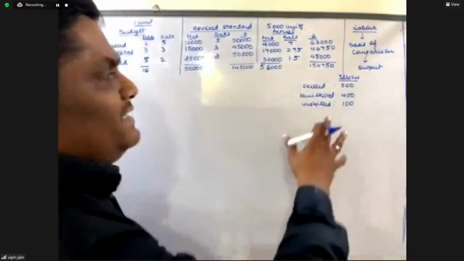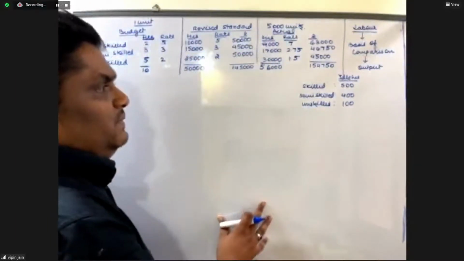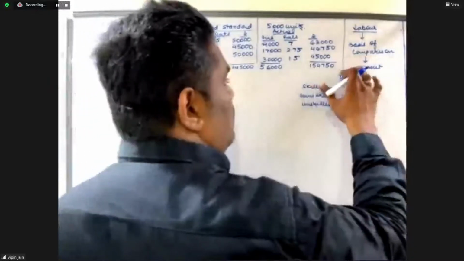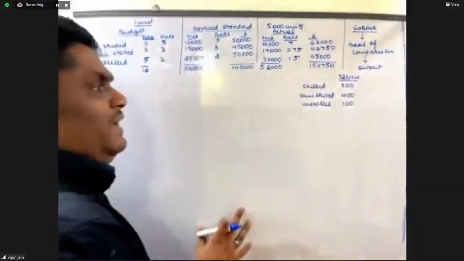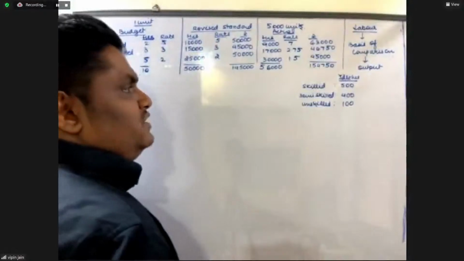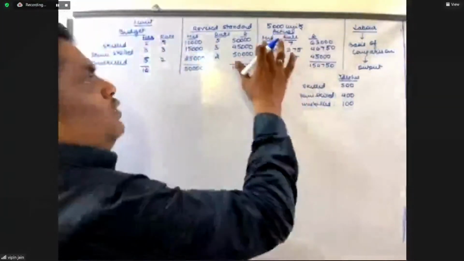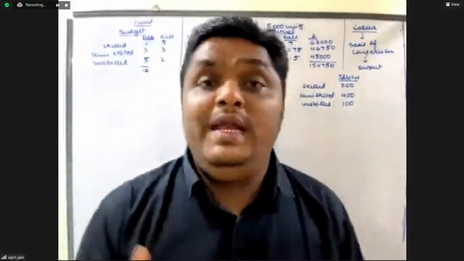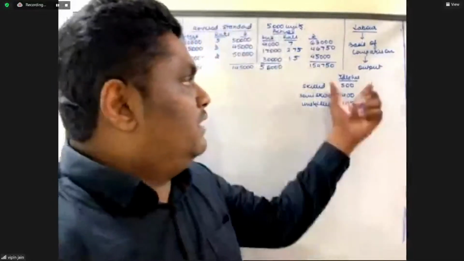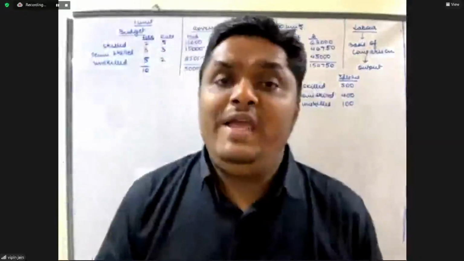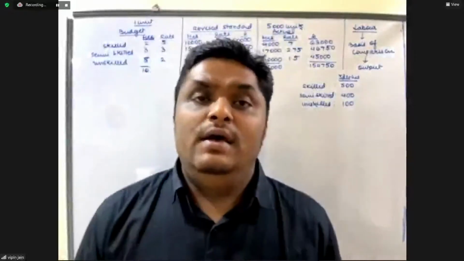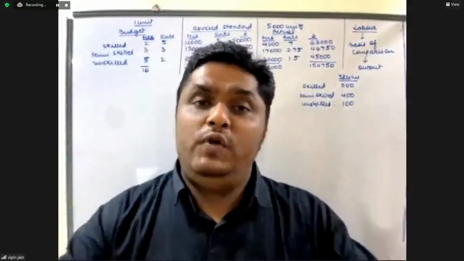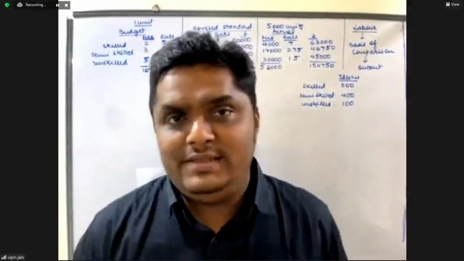But what if idle hours are given in the question? So it means total 9,000, 17,000, 30,000 hours we are paying to the worker. However, idle hours are a loss to the company because they have to pay for idle hours, but the worker sits idle.